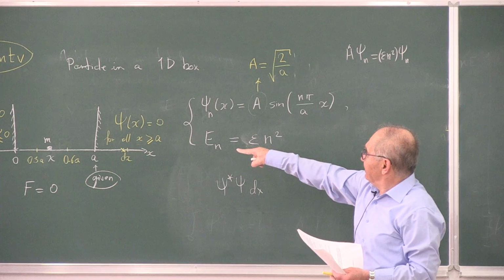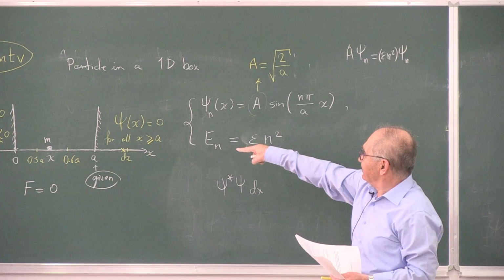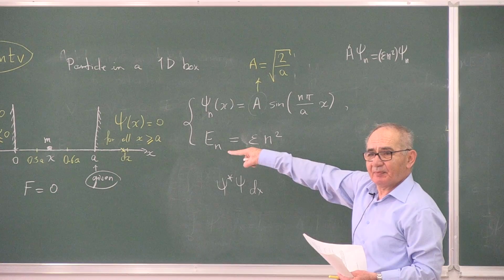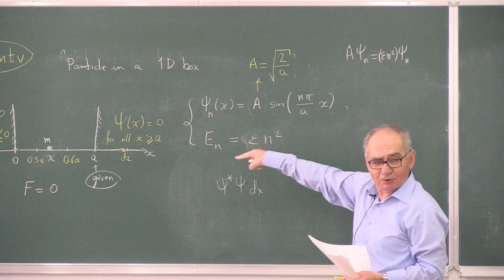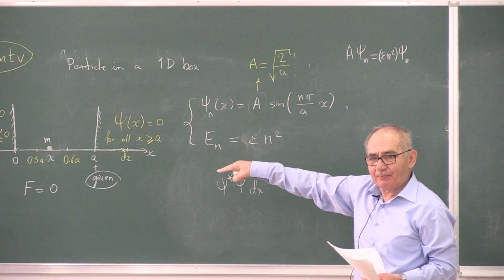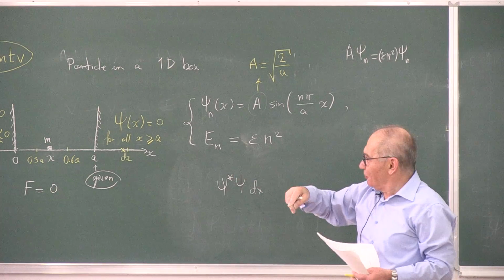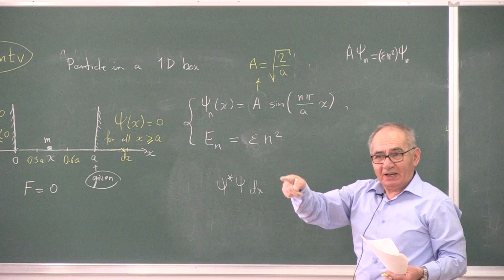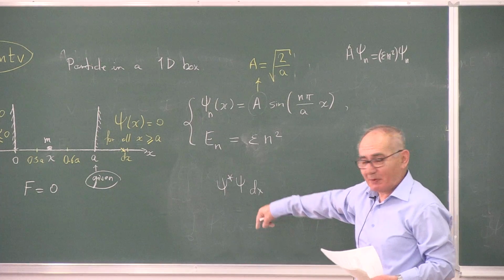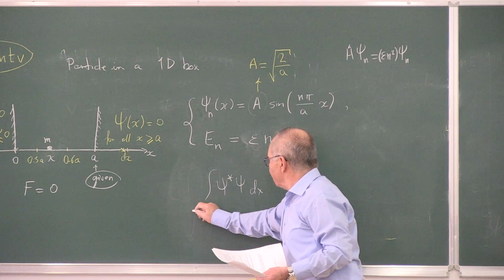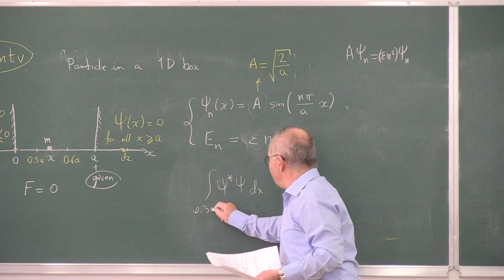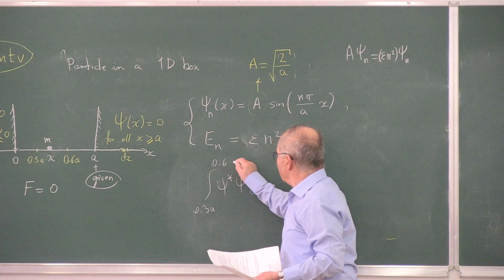But the interval I have given there is not very tiny. It ranges from 0.3a up to 0.6a. Therefore, to find the probability, we have to add up the tiny probabilities. That means integration. And here, from 0.3a to 0.6a.